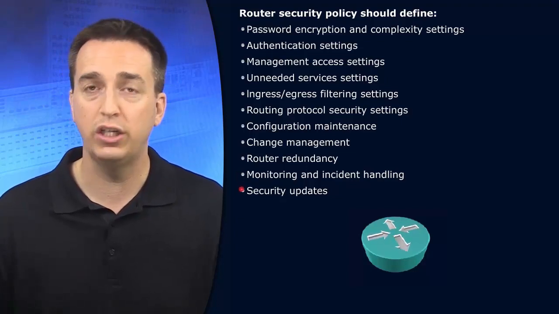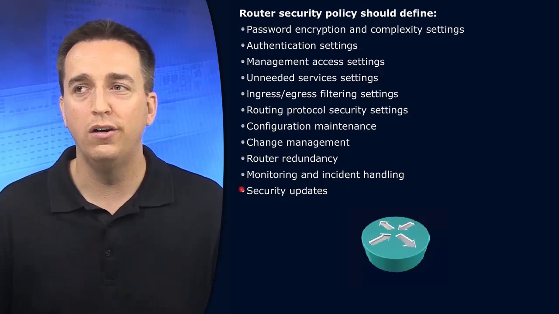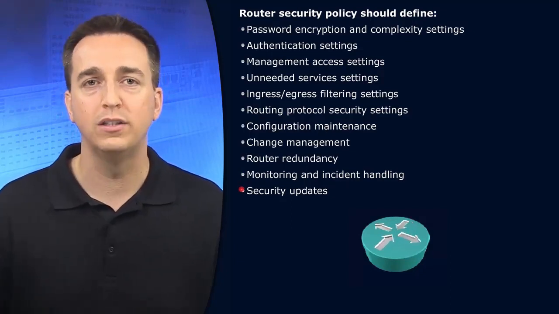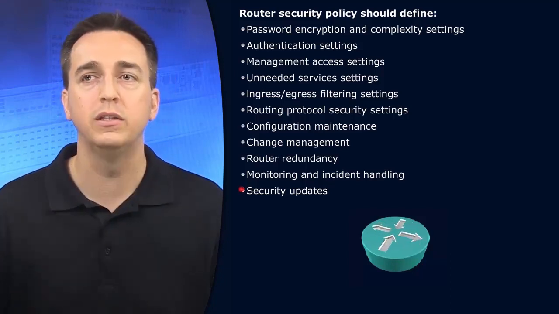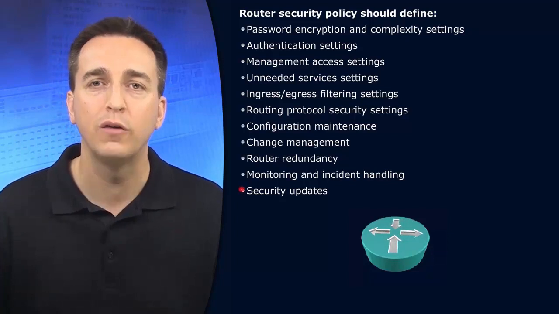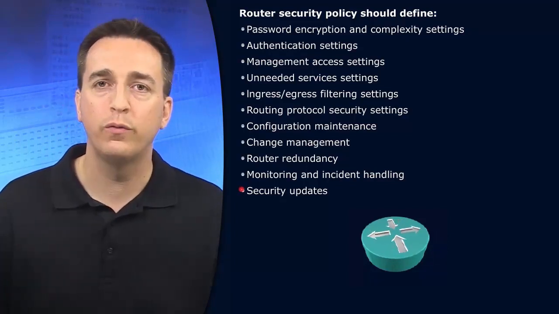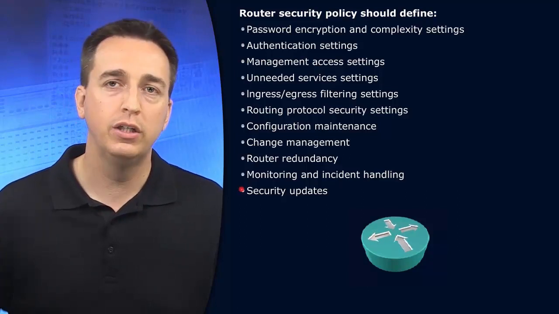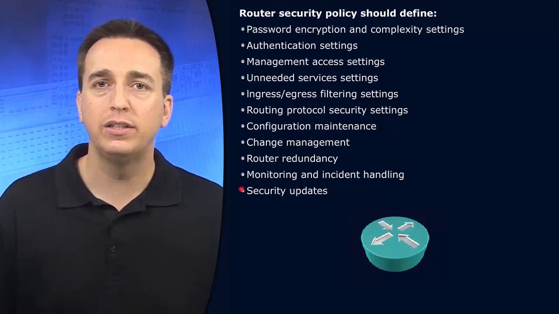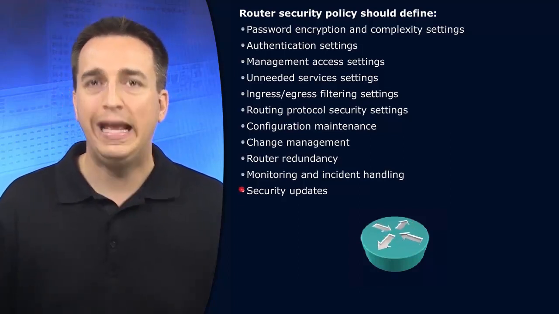And lastly, security updates. Our routers are created by humans. The software that's installed on the routers is created by humans. We make mistakes. We know that. Nothing is perfect in this world. That's why we have fixes. It's important for us to monitor and maintain our devices and understand that when there is a vulnerability, we have to patch that.